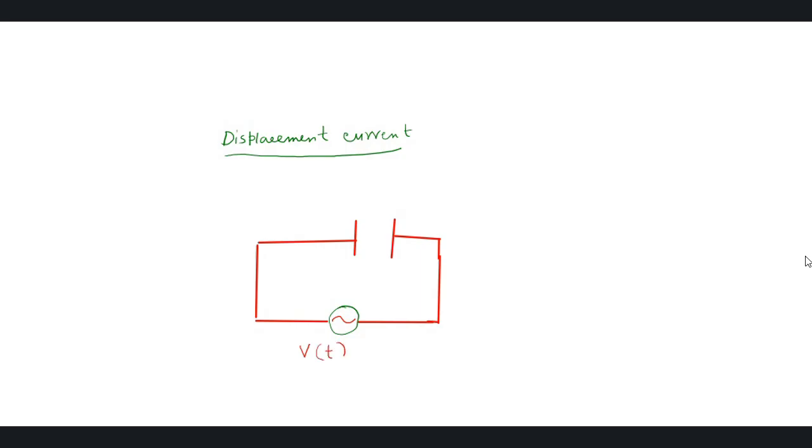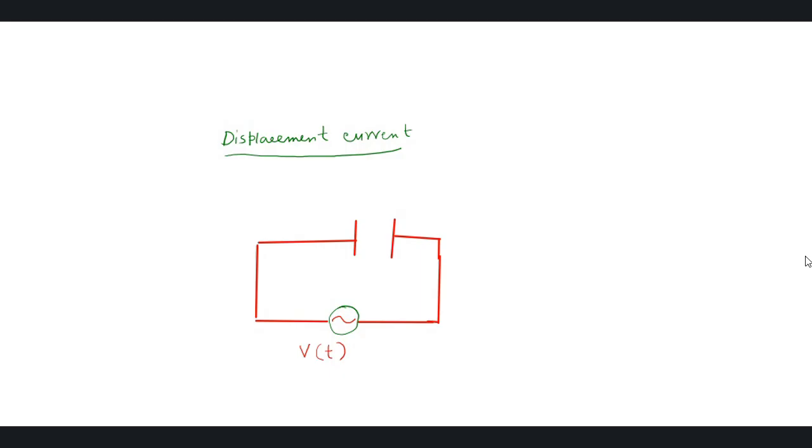Why? Because it is a function of time. With time, the voltage will change. Now, we know that a capacitor allows the flow of AC through it, but not the DC.